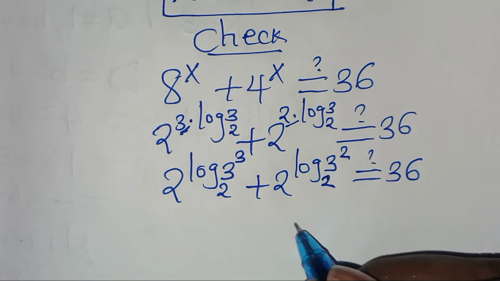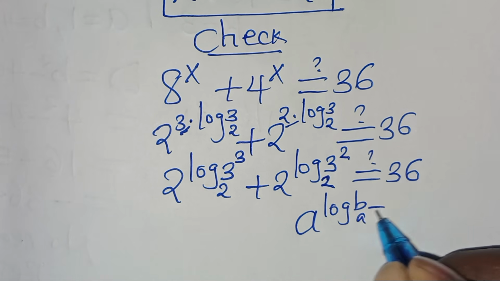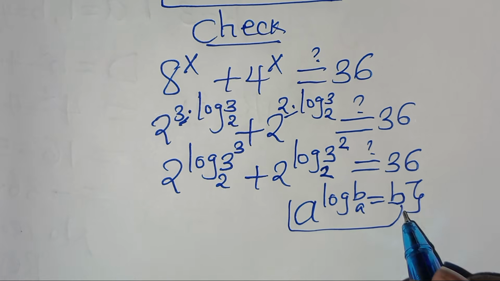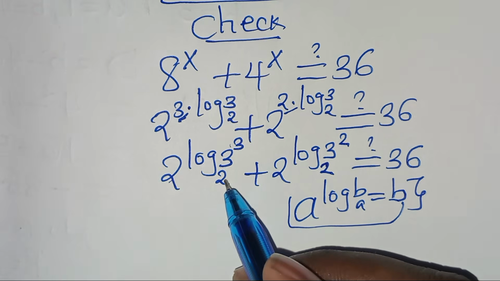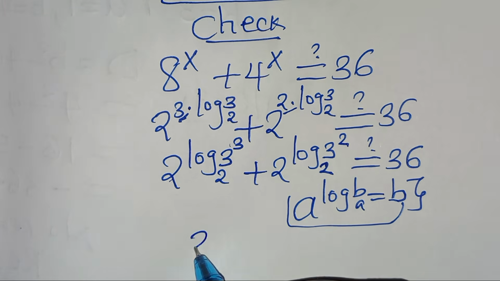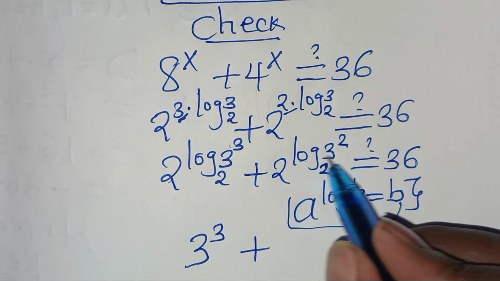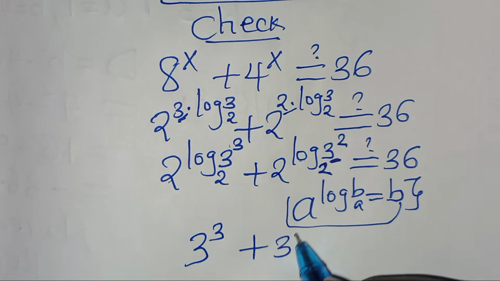Now, this is in the form of a to the power of log b to base a, and this should give us a value of b. Applying this logarithm property, we have 2 to the power of log 3 to the power of 3 to base 2, which gives us 3 to the power of 3, then plus 2 to the power of log 3 squared to base 2, which gives us 3 squared.